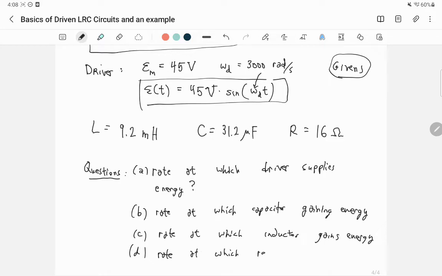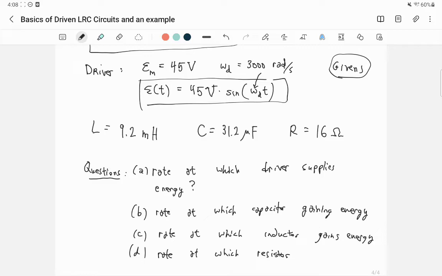right? Resistors, they cannot store energy electrically. What they do is they dissipate energy thermally. So they convert sort of organized, useful electrical energy into somewhat disorganized, useless thermal energy.